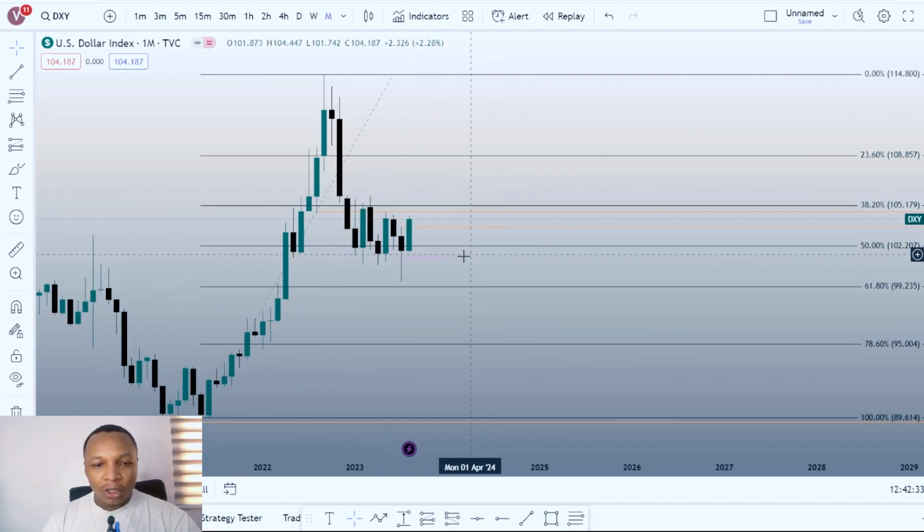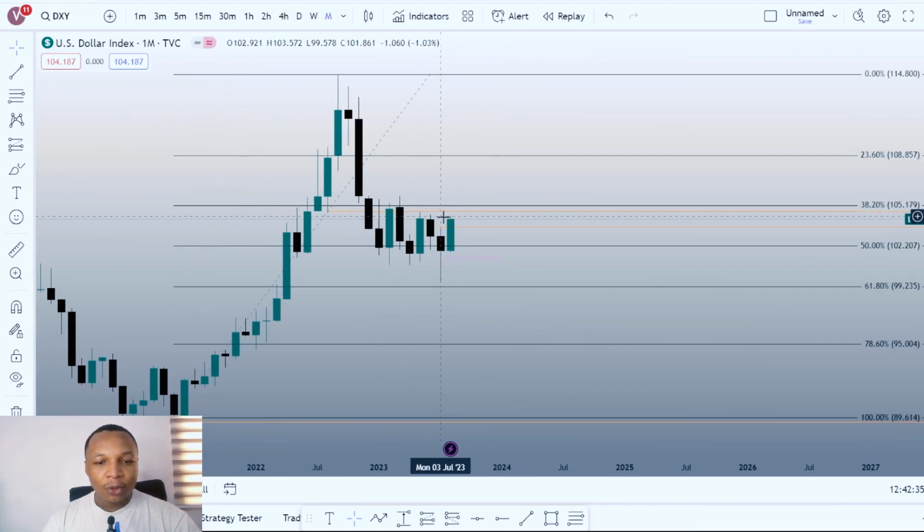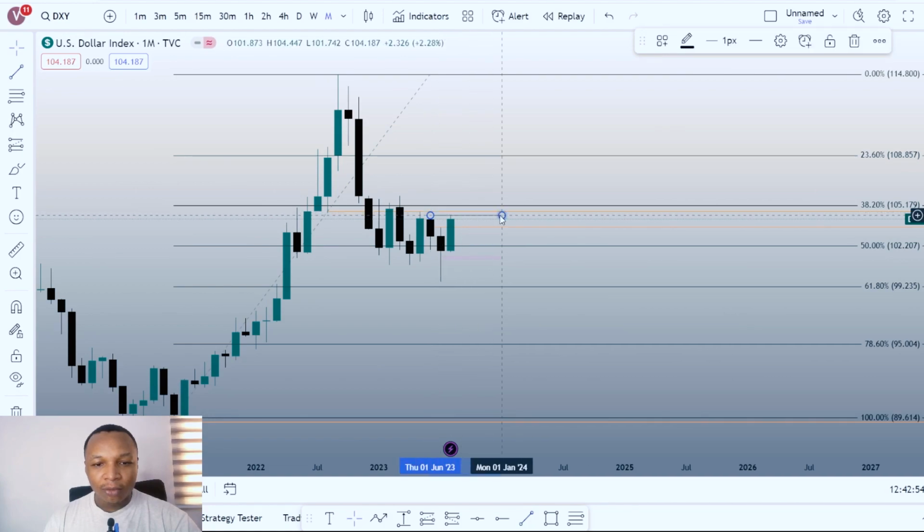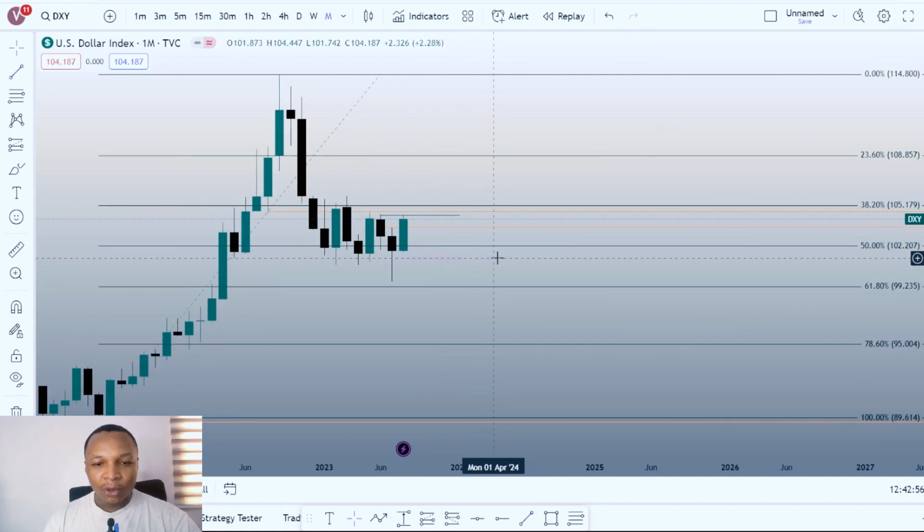Looking at the way this month's candle is and how it may potentially close this month. This is just a few days to the close of this month, about 4 to 5 days to the close of the month, and the candle is already expanding this way. So if we see the candle close above the high of the last 3 months, we will be looking to continue with our bullish momentum of the dollar.